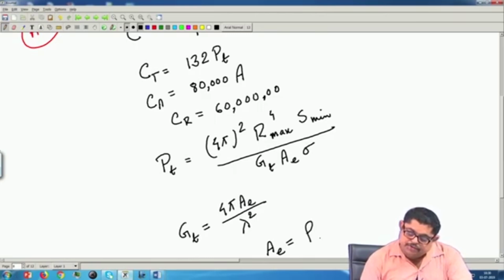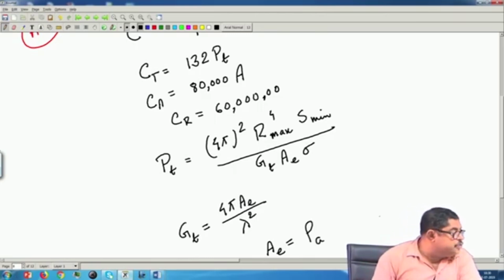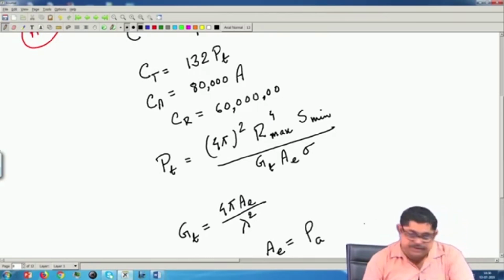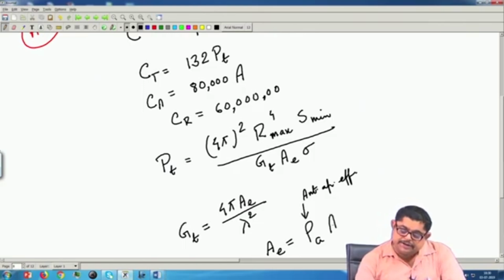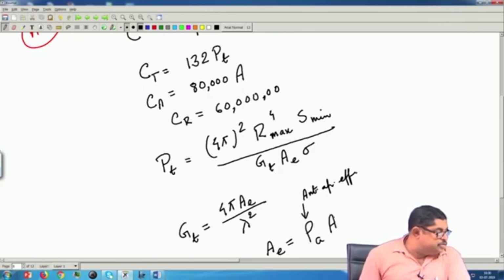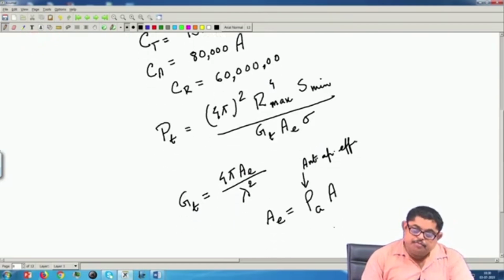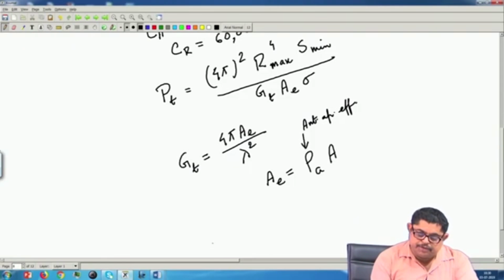That connection is through the efficiency, which is antenna aperture efficiency. This is in all antenna classes this is said. So, AE is equal to rho A, where A is the physical area of the antenna. So, putting all this in this equation will make it more simple in terms of our required quantities.